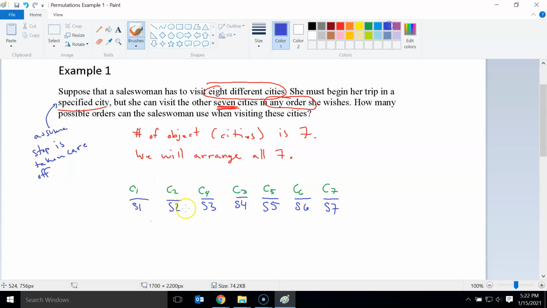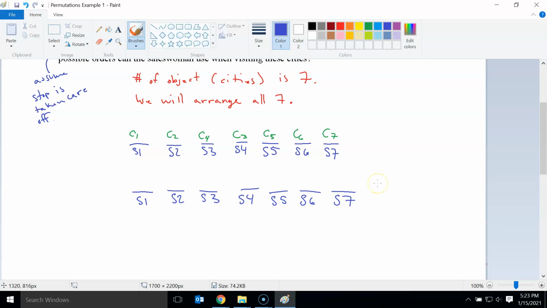So I'm going to rewrite these spaces once again. Our first stop, our second stop, and so on, all the way down to our 7th stop. Just going to scroll down here a little bit. And let's think about that multiplication principle.